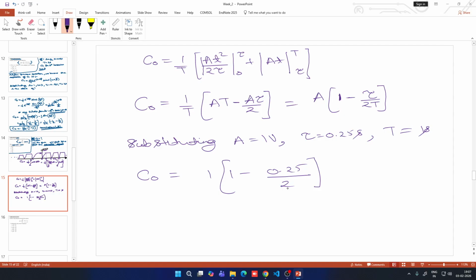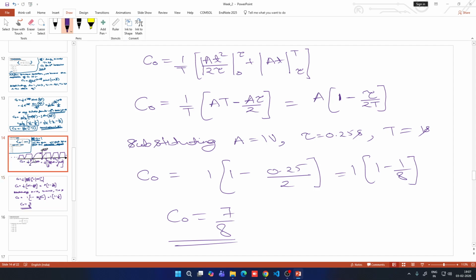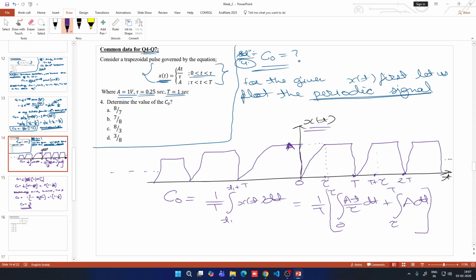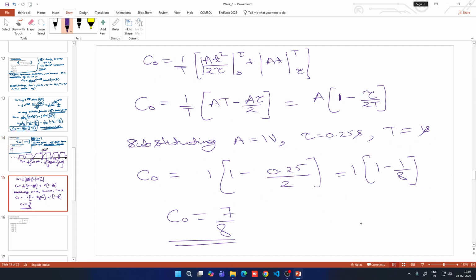So 0.25 divided by 2 is 1 by 8. So 1 into 1 minus 1 by 8, and when we solve this, we will get 7 by 8. So this is the solution for question number 4. So if you see, the correct option is option number B. Correct option is B.